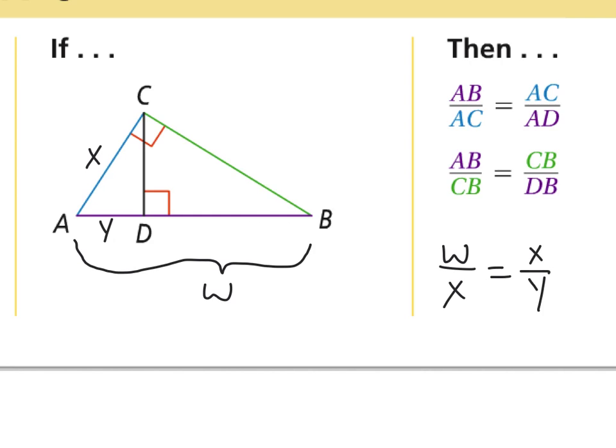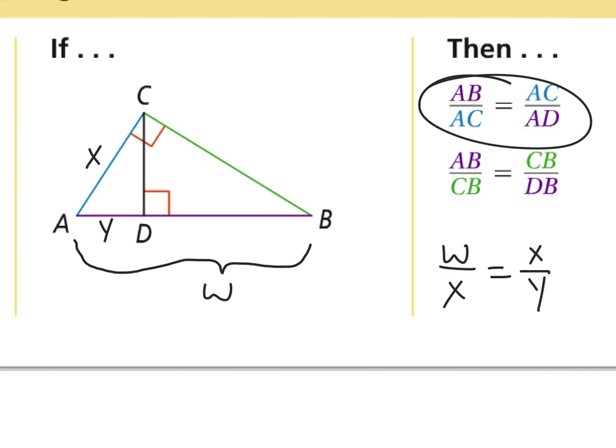That's what they're talking about in this proportion: the whole hypotenuse corresponding to the leg is equal to the length of the leg corresponding to that little part of the hypotenuse that is adjacent to that leg. Again, please make sure you write that down. That makes more sense in my mind than what they have written.